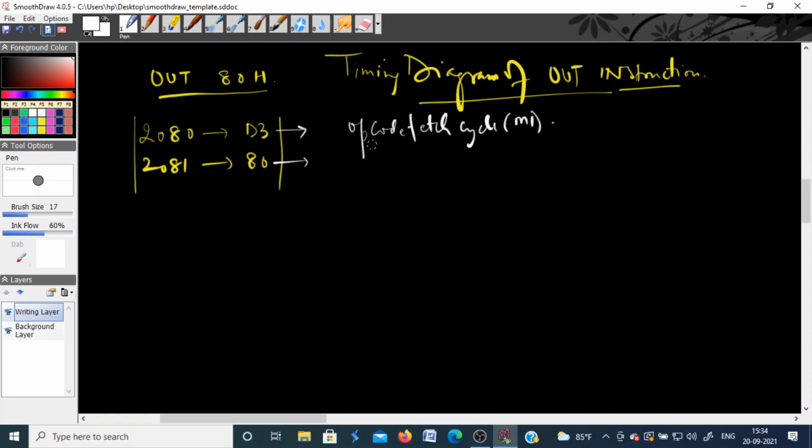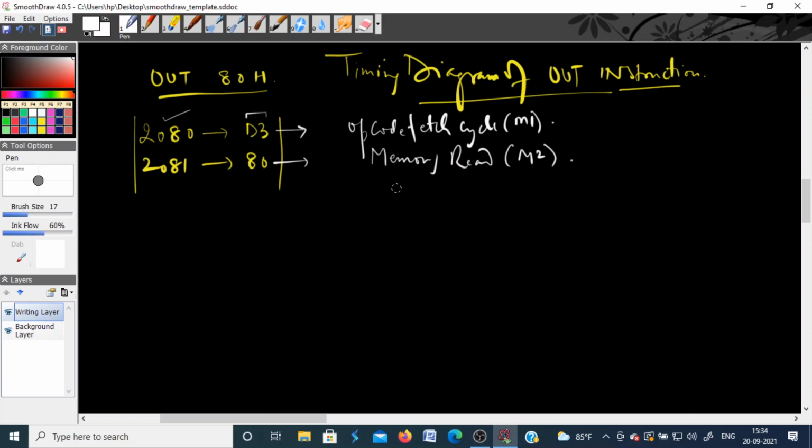Once the opcode D3 is fetched from memory location 2080H, the processor will come to know that it is a 2-byte instruction. Then it will fetch the next byte. It means your next machine cycle is a memory read cycle, which is machine cycle M2.